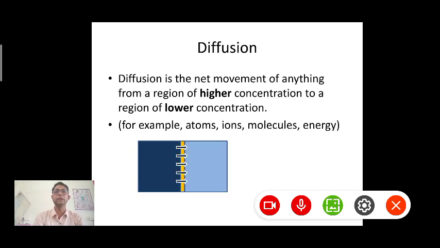Diffusion is the net movement of anything from a region of higher concentration to a region of lower concentration. For example, atoms, ions, molecules, energy. This will always transfer from higher concentration to lower concentration. Now in this particular figure you can see the dark blue color structure is given.